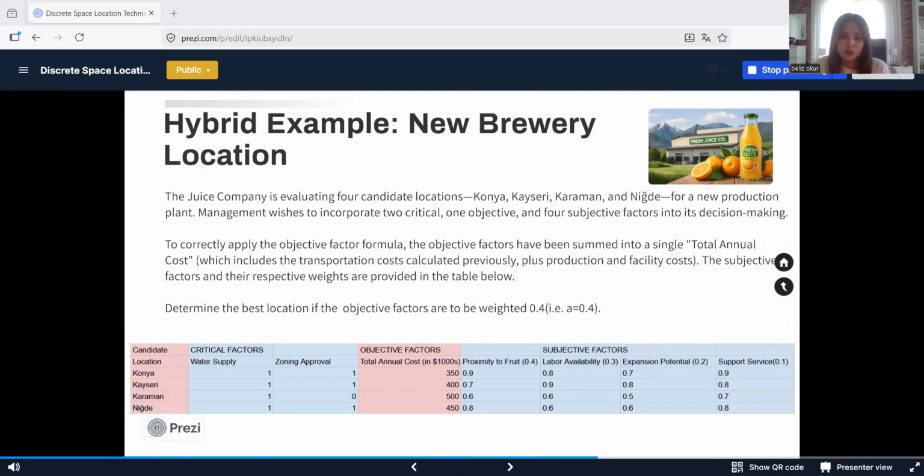Pay close attention to this part. Management has decided that the objective factors are going to be weighted at 0.4. We call this our alpha. This means the subjective factors will make up the remaining 0.6 of our final decision. Let's do the calculations.